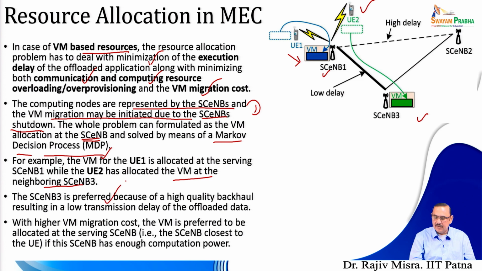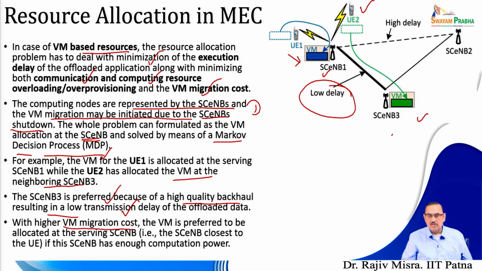Now, SCENB3 is preferred because of the high quality backhaul resulting in low transmission delay of the offloaded application. So, it is called a low delay. With the higher VM migration cost, the VM is preferred to be allocated at the serving SCENB, that is SCENB closest to the UAV, if this SCENB has enough computing power.